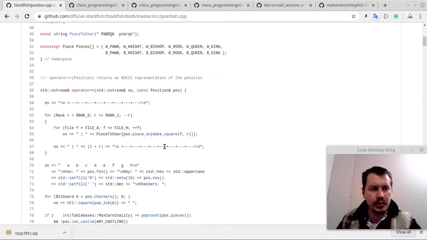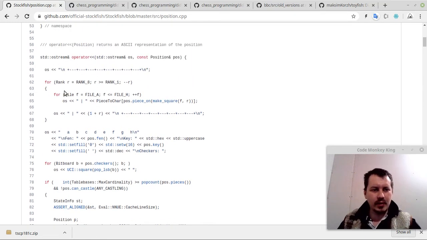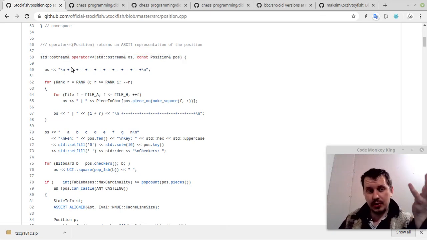Okay, scrolling down a little bit more, this looks like a routine to print the board, because we loop over ranks and over files. But here we start encountering something that, if you're not familiar with C++, and even if you are familiar with the object-oriented approach, is really hard to understand.